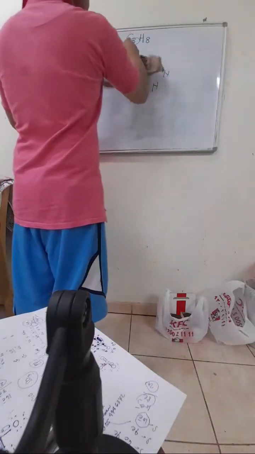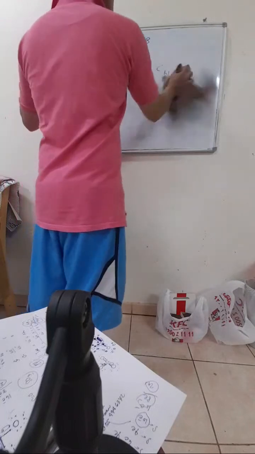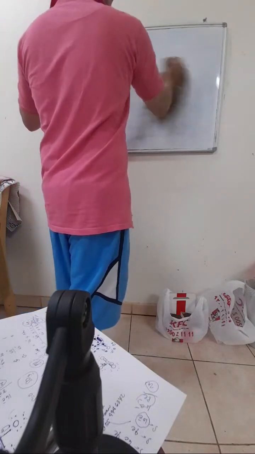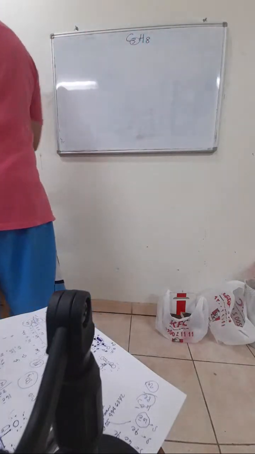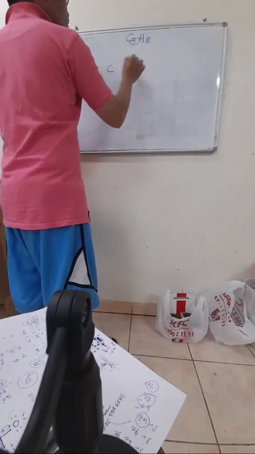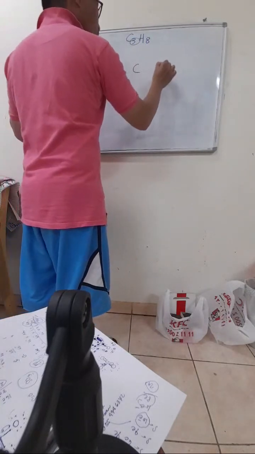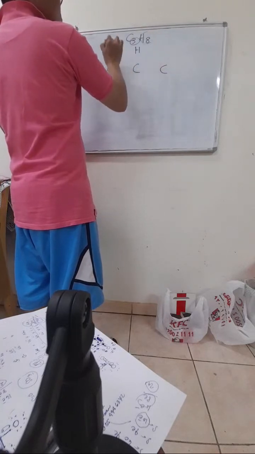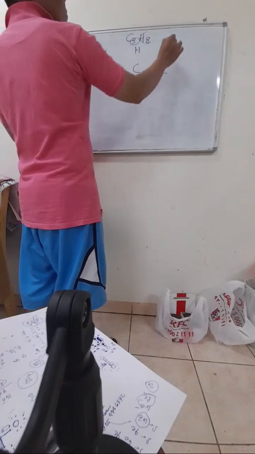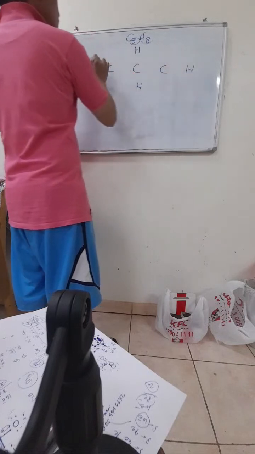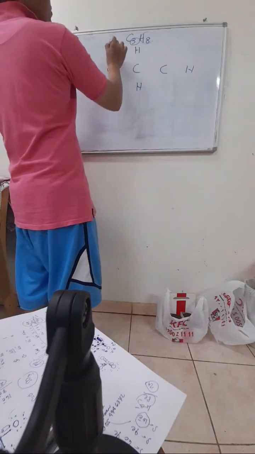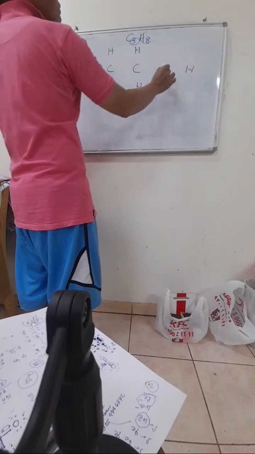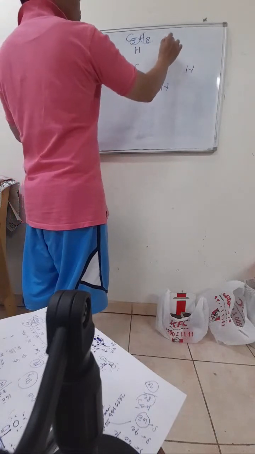Now, this is 3, then you have to put 3 carbon atoms, like that: 1, 2, 3. And the hydrogen is 8: 1, 2, 3, 4, 5, 6, 7, 8.